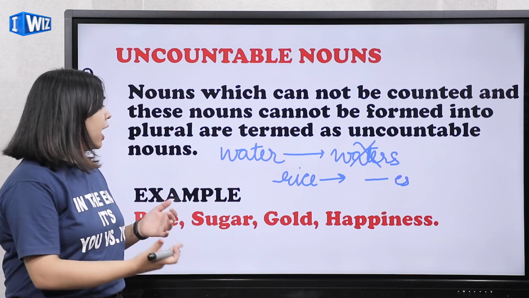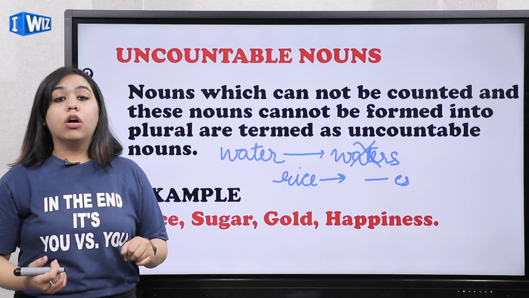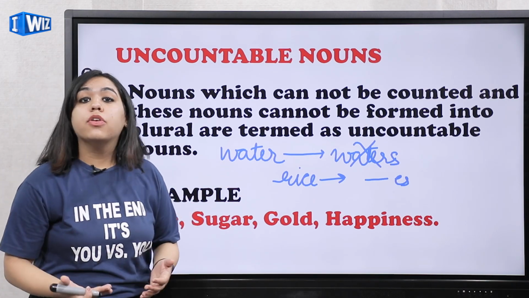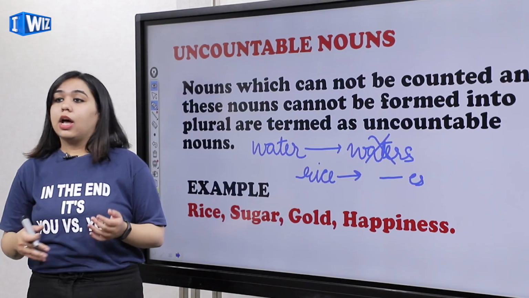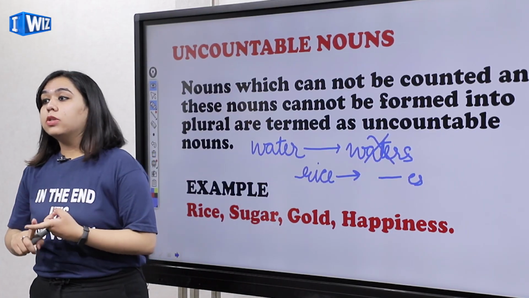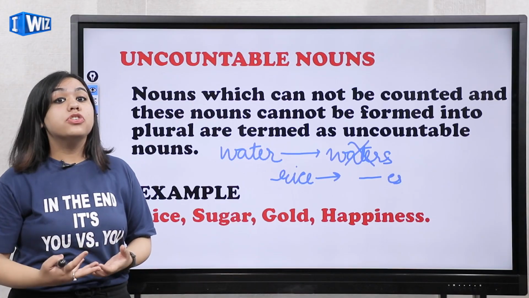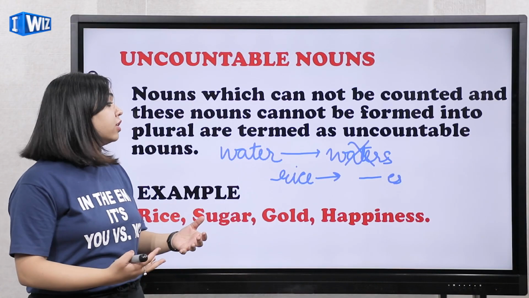Now you will be asking me, ma'am, we can say 1 liter of water, or 500 ml of water. What is that? That is also counting, but I will say no, that's not counting, that is called measuring. You are measuring the quantity of the water.